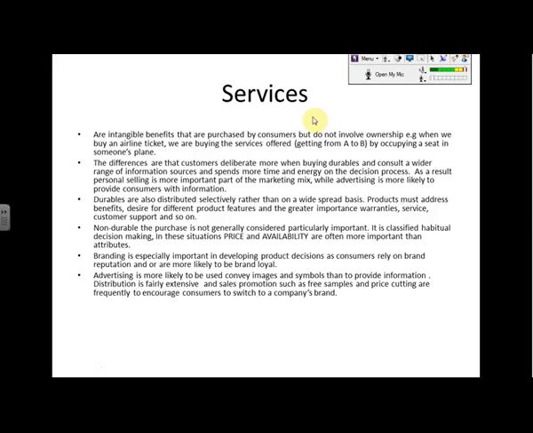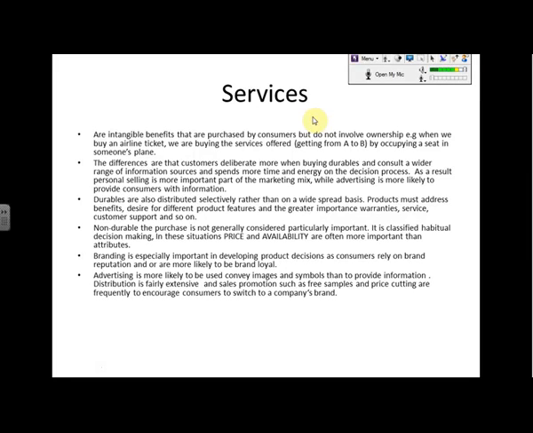Then you make a decision at the end of the day, which car you are going to buy. Durables are also distributed selectively rather than on a widespread basis. Products must address benefits, desires for different product features, and the greater importance of warranties, service, customer support, and so on.